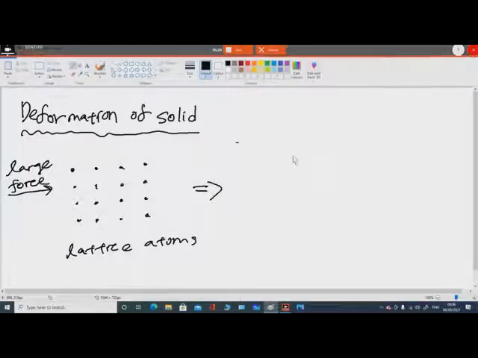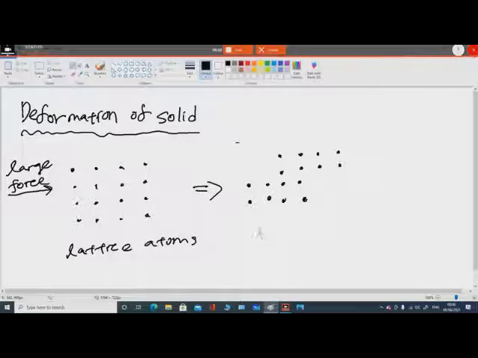Eventually these lattice atoms will slide over one another. This is the lattice and this one is the slid lattice. As you can see, the lattice atoms are sliding over one another.